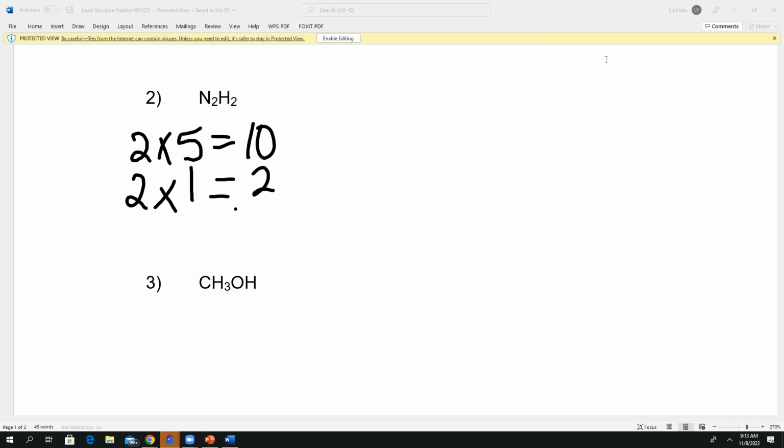So that gives me a total of 12 valence electrons. Normally, we know that we do not have, and she said, place them around. And you know, that makes no sense to put it there. So let's take it off in there. We'll just put it where it really would make more sense for it to be.